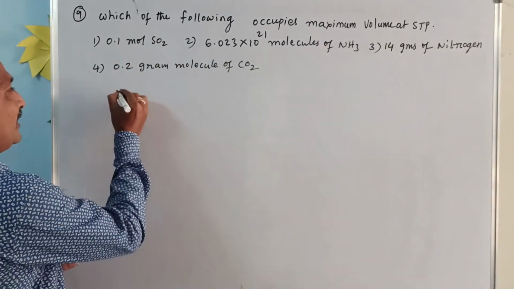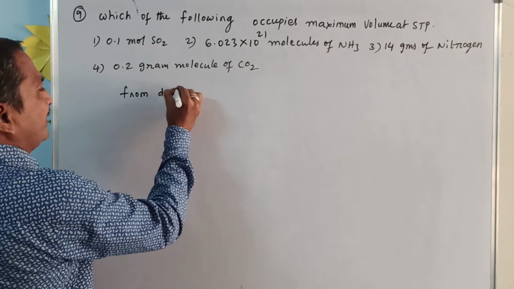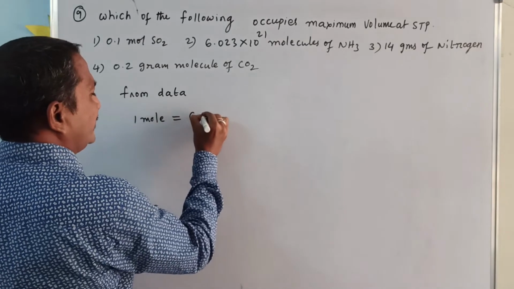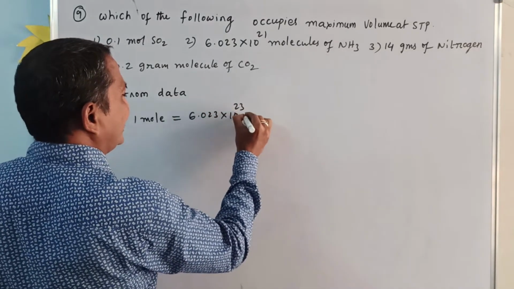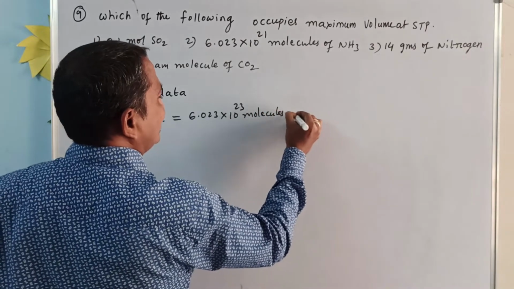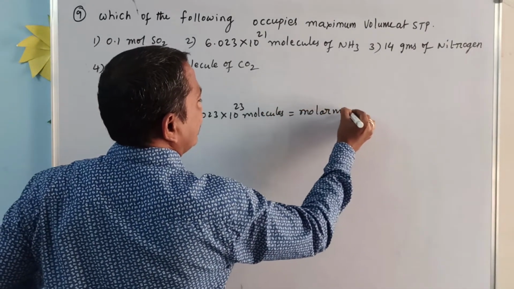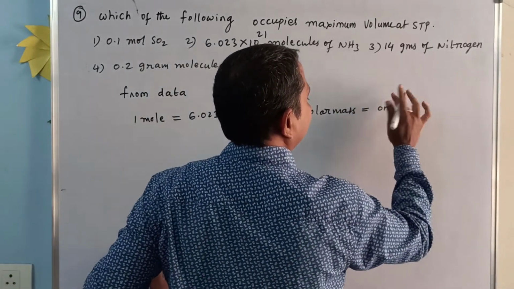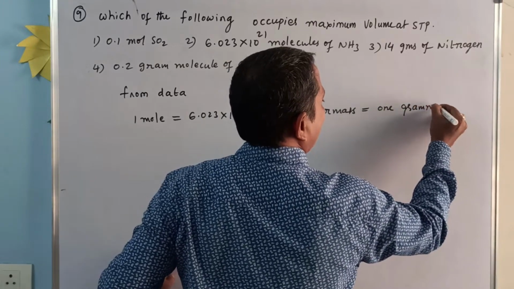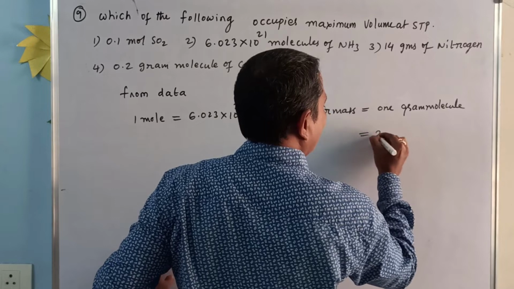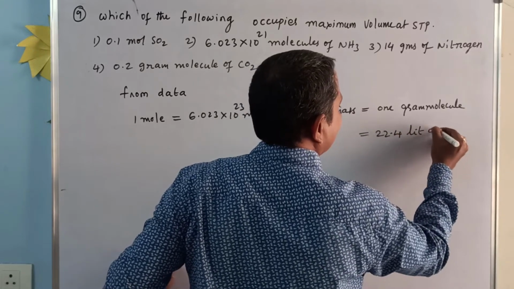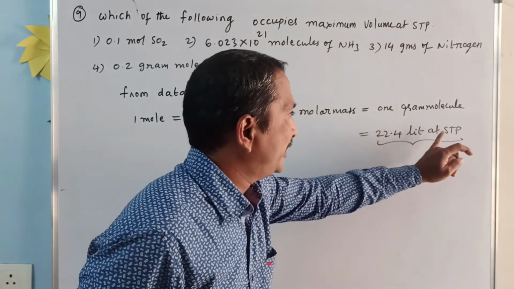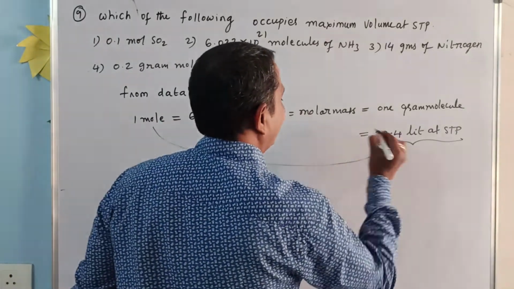What we know from the data given: 1 mole is equal to 6.023 × 10^23 molecules, which is equal to the molar mass, which is equal to 1 gram molecule. 1 mole is equal to 22.4 liters at STP. This is the relation.